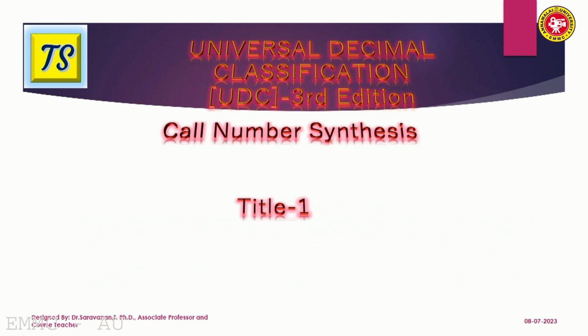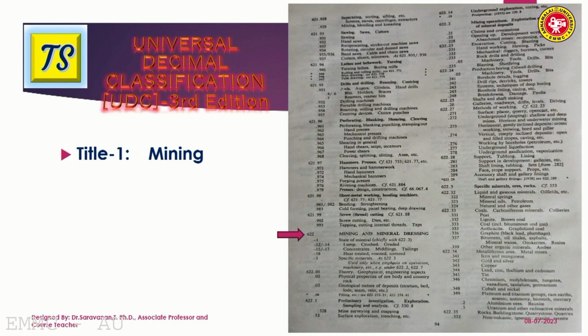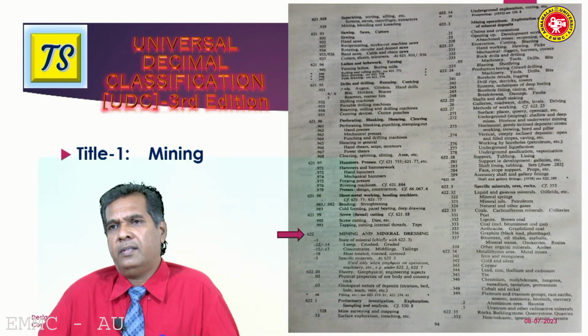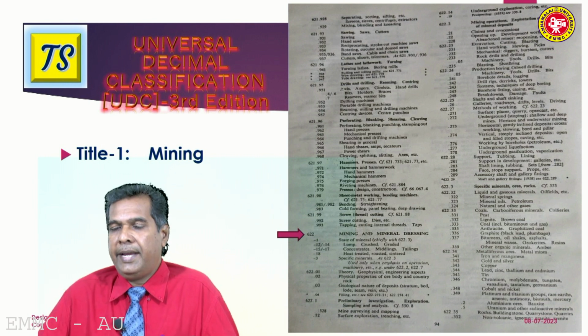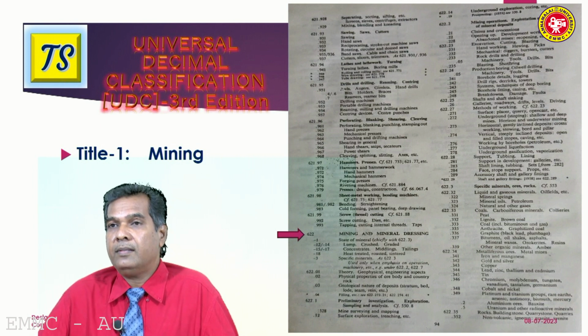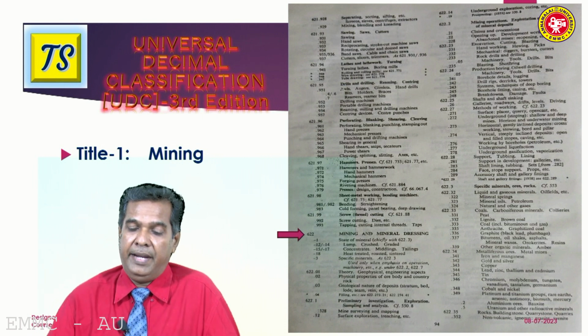Let me show the call number synthesis using the title. Watch it carefully. The first title, mining, a simple title is provided. You are watching the schedule on the right side. If you go to the UDC schedule in page number 94, you can find the number for mining.